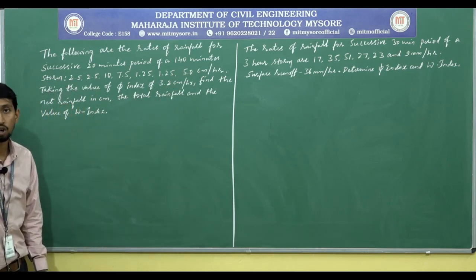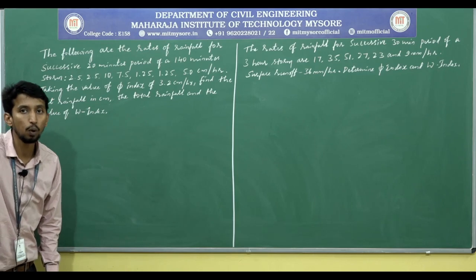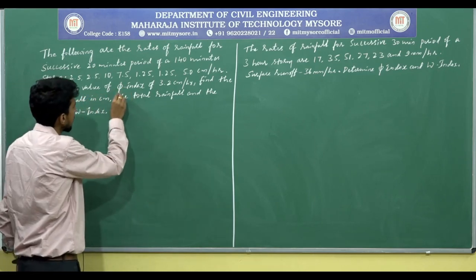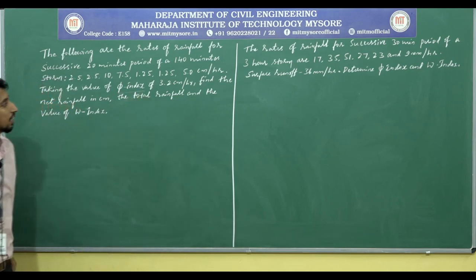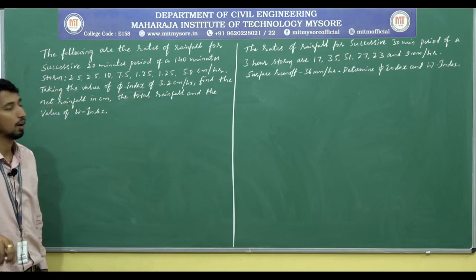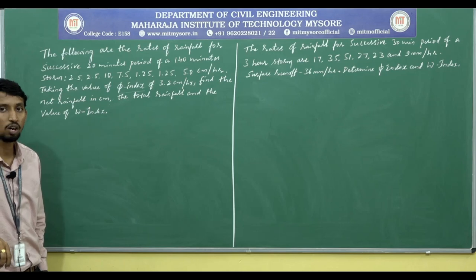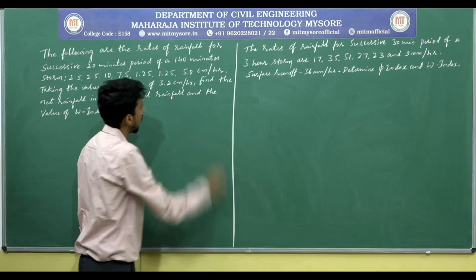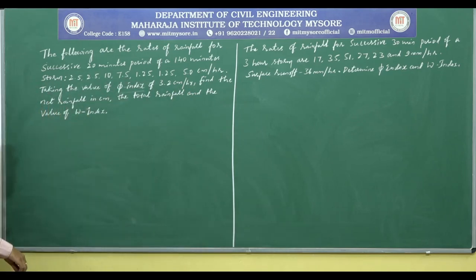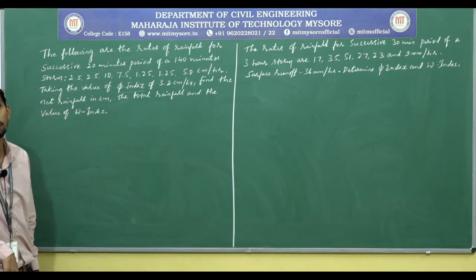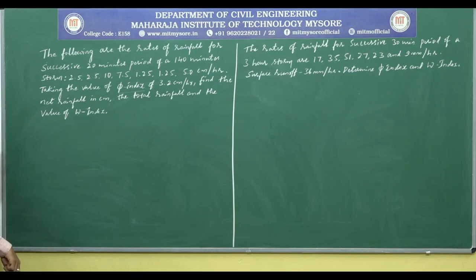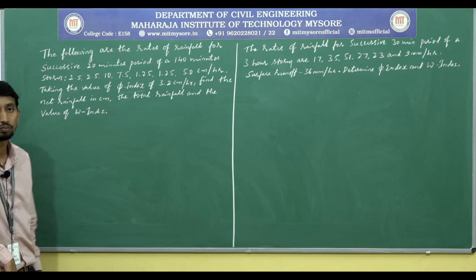The storm has occurred for every 20 minutes. Taking the value of phi index as 3.2 centimeter per hour, as already mentioned in the question, find out the net rainfall in centimeter and the total rainfall value.